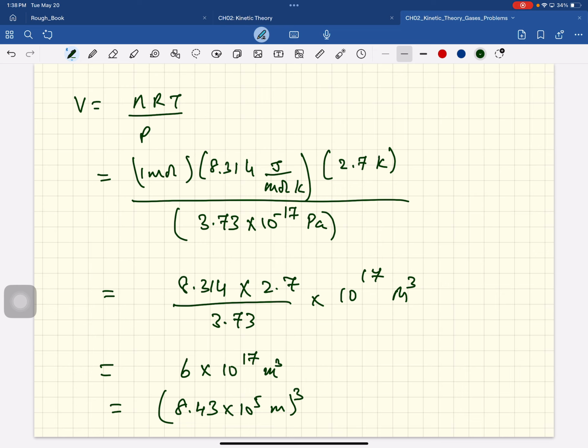So it'll be a cube of that length. 10 to the power of 3 meters is a kilometer, so 843 kilometers on a side. So this much gas. Now imagine 843 kilometers is from here to Atlanta essentially. This gas will expand to a volume that way. All right.